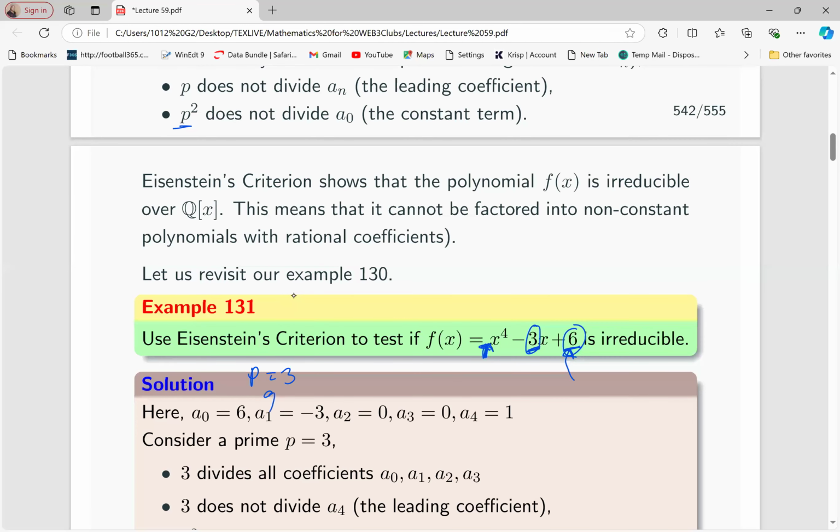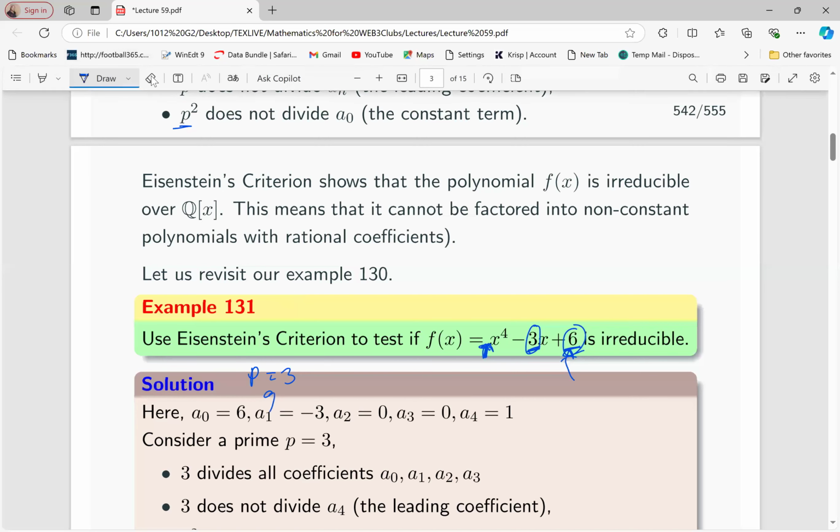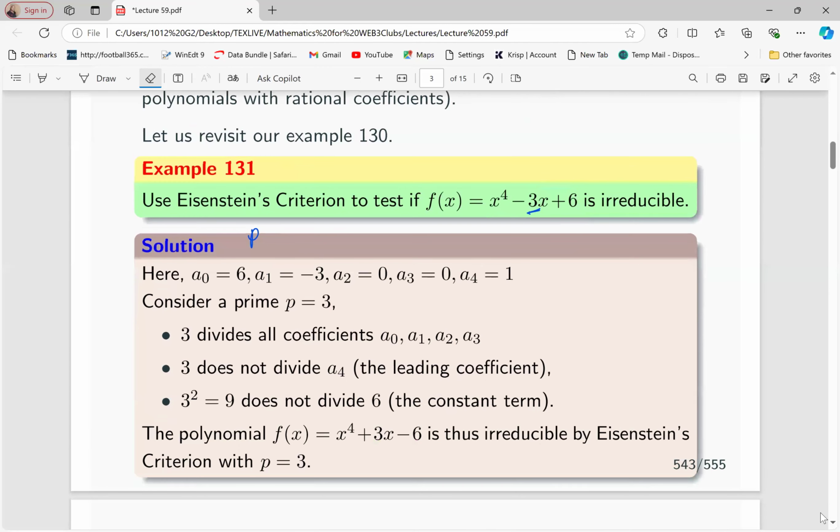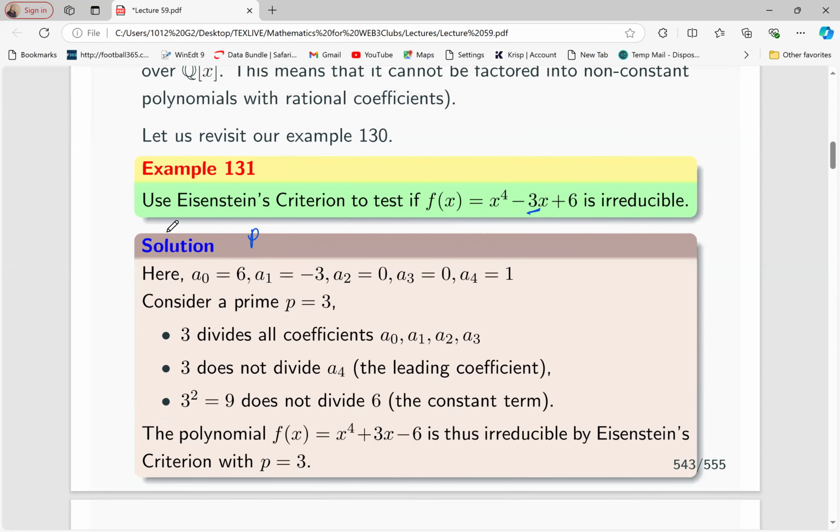When you square it, you get 9, and you find that 9 cannot divide 6. So that means the prime number exists, and that prime number is 3. And since it exists, by this Eisenstein's test, we can conclude that this polynomial is irreducible.